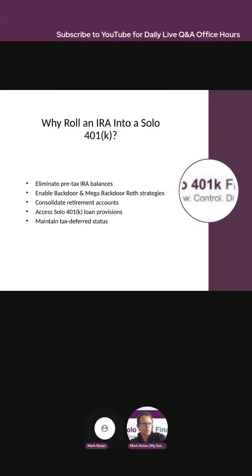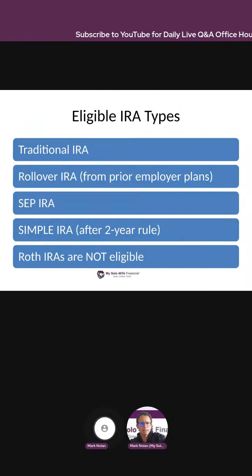So we already talked about why roll an IRA into a solo 401k. Let's talk about eligible IRA types. So most pre-tax IRAs can be transferred into a solo 401k.